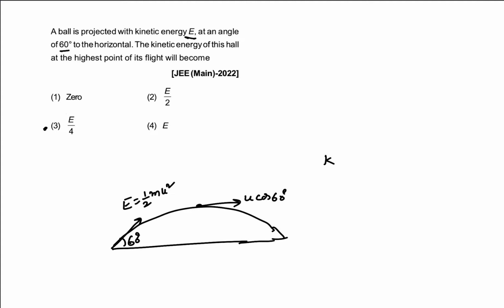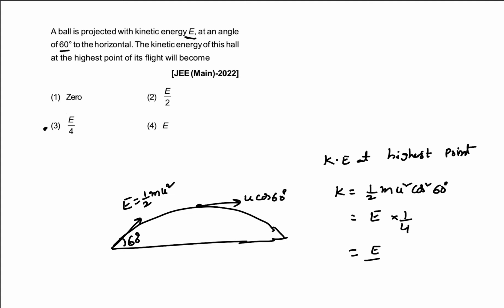Kinetic energy at highest point, you can write K is equal to half into m u square cos square 60 degrees. Half m u square value is E, cos square 60 degrees value is 1 by 4. So I can write E by 4 is the kinetic energy at maximum height. So E by 4 is the answer.